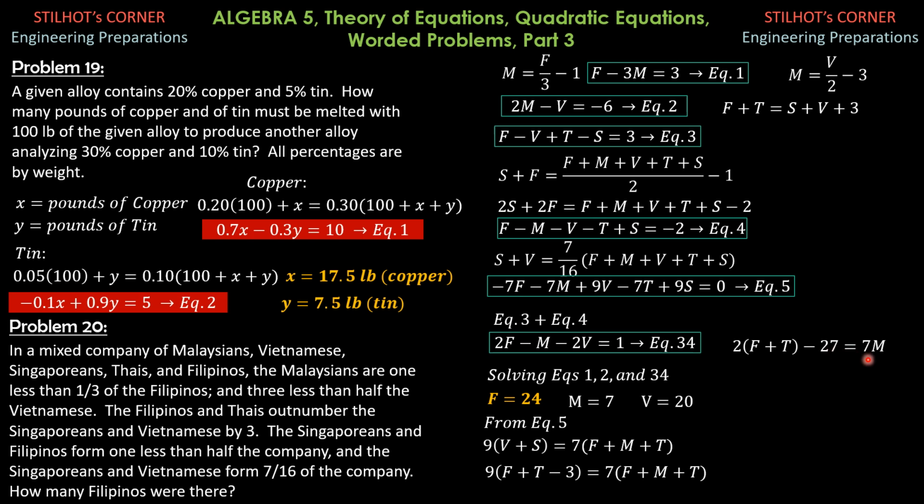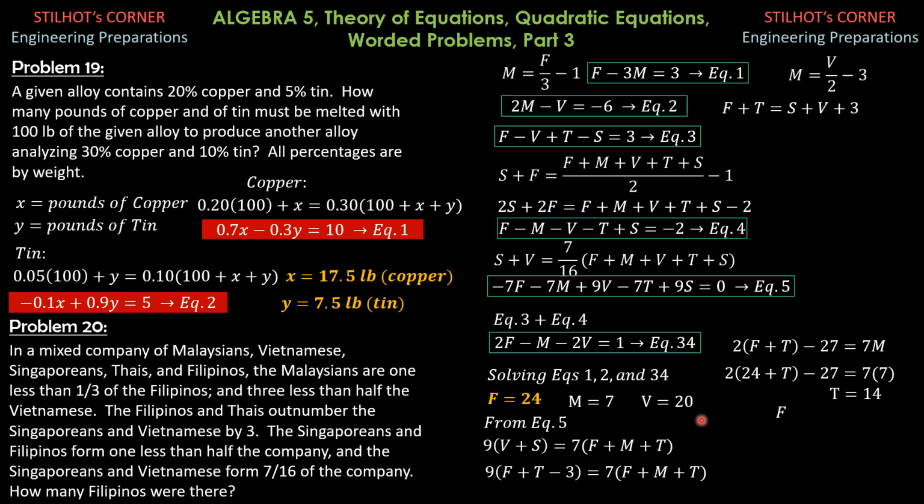Substitute the value of F, which is 24, and M, which is 7. So 2 times the quantity 24 plus T minus 27 equals 7 times 7. So 49 plus 27 is 76. 76 divided by 2 is 38. 38 minus 24 is 14. So the number of Thais is 14.